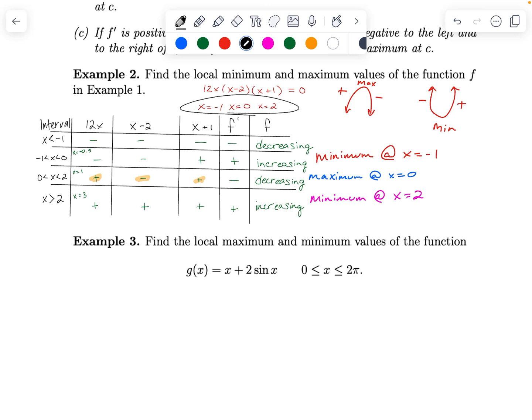All right, so let's make that table. And we're talking from 0 to 2 pi, so from 0 to 6.28.